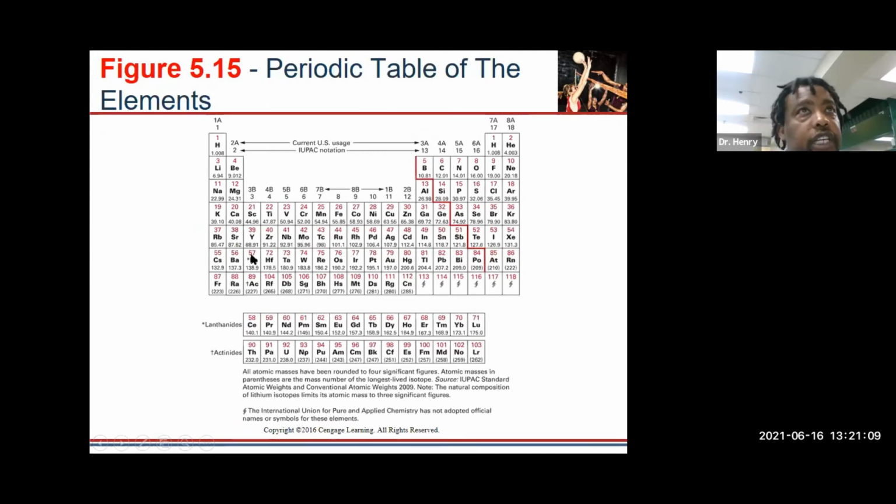As you can see, it's organized by the atomic number. This is an older periodic table. In the old days, particularly in the US, we would primarily ignore the transition metals. If you look right here, these are your transition metals. We'd also ignore the lanthanoids and the actinoids initially.